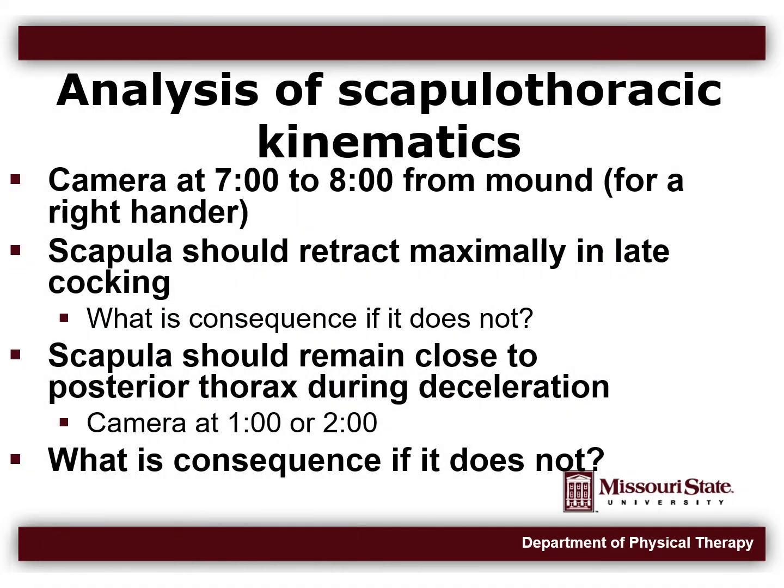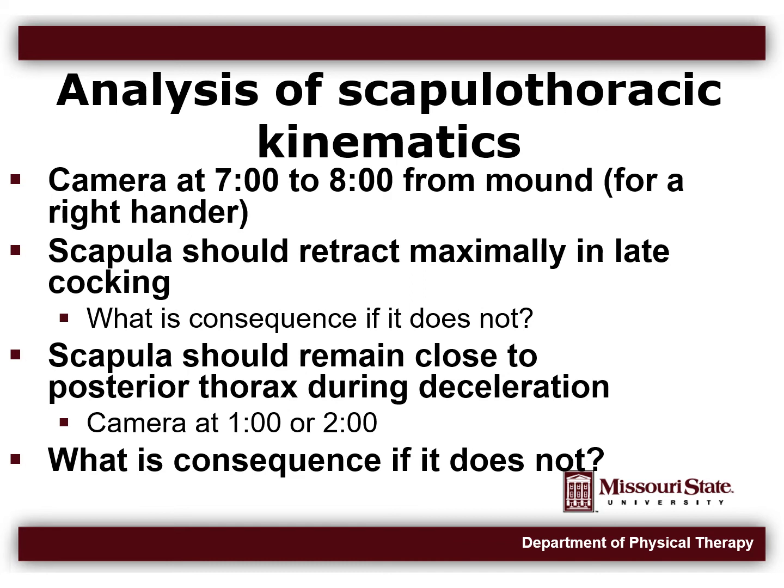Therefore, you want to be able to see it from behind the pitcher as the pitcher starts and through the cocking phase, because you want to see maximal retraction of the scapula during late cocking.